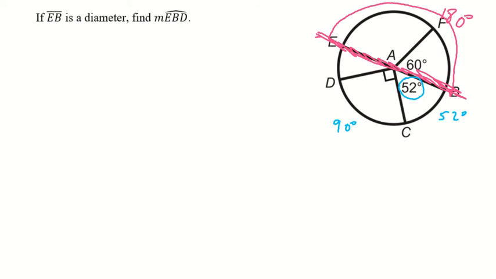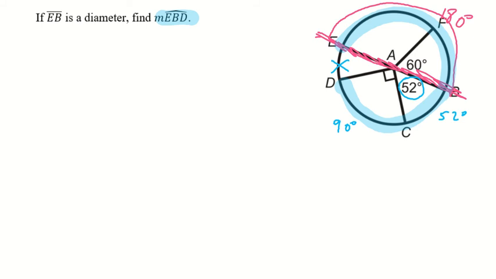We don't know arc DE here, but that doesn't matter when the question is asking for the measure of arc EBD. That means to connect E to D through point B over here. So it's most of the circle. All of the circle except ED is what we're looking for.